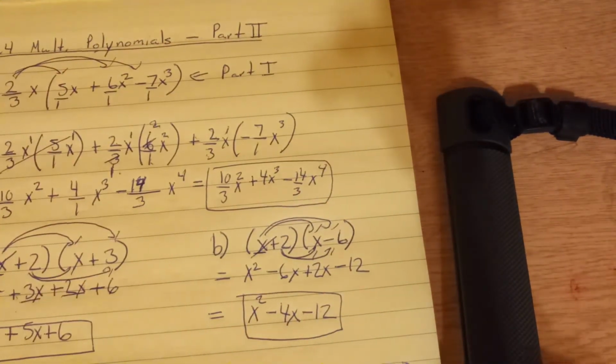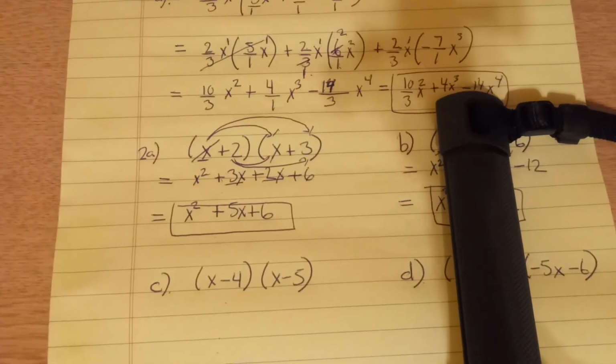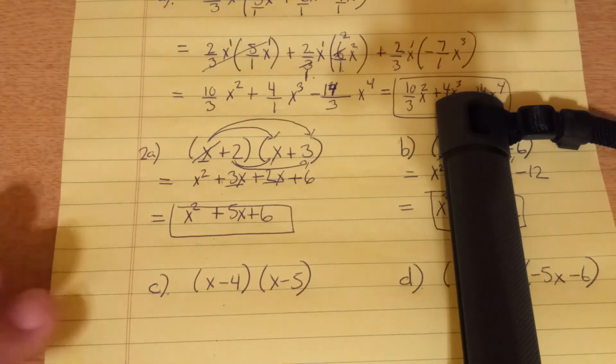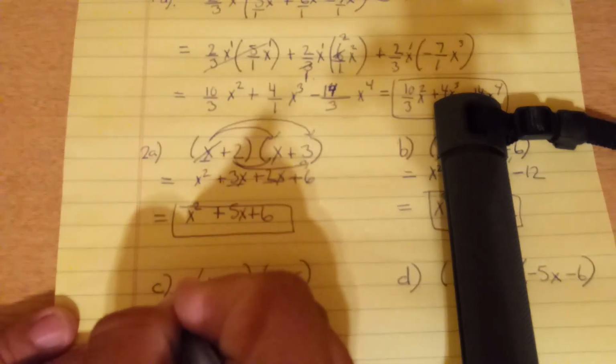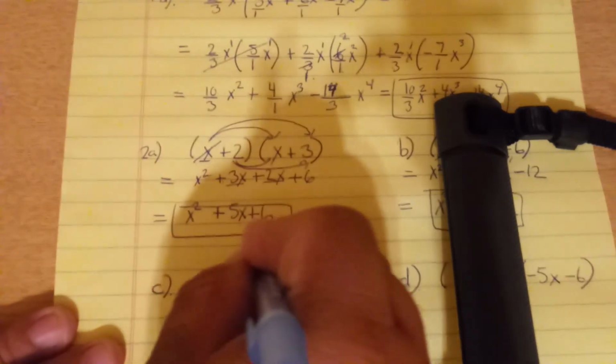All right, let's move on. And notice that I'm giving you different examples, so you have different examples of these. So the next one, letter C, we have x minus 4 times x minus 5. Same idea. Notice that the pattern of the signs are different, but the same idea. First distribute the x.